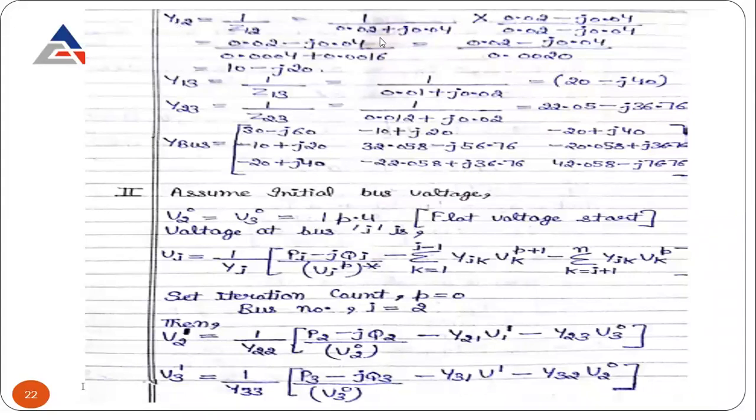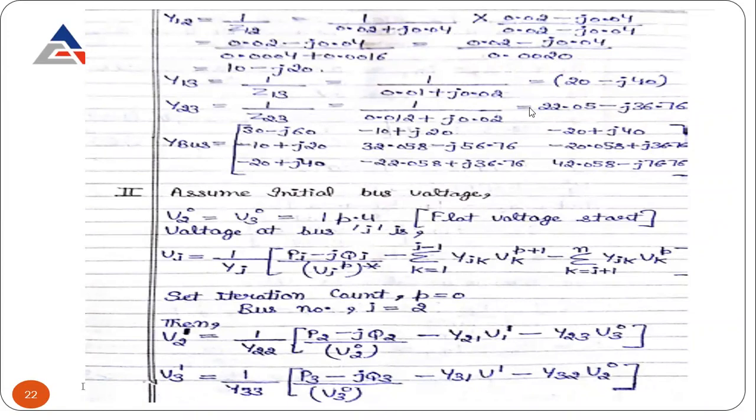Similarly, for 0.02 plus j0.04, multiply its numerator and denominator with the conjugate and just solve it, and you get the value 10 minus j20. That will act as your Y12, the admittance between bus number 1 and bus number 2. Similarly, Y13 comes out to be 1 upon Z13.